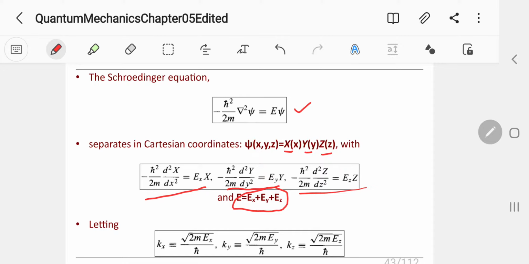So we can let kx be this one, and also that one, and that one. So you have kx equal to the square root of 2m Ex all over h bar. Similarly for ky, where the energy is Ey, and for kz, where the energy is Ez.